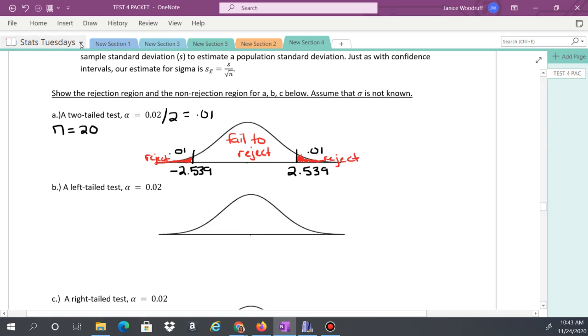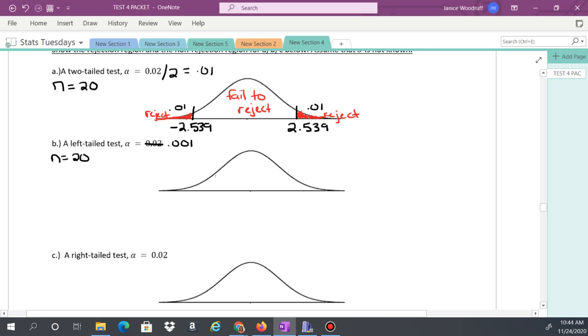Okay, for B, let's go ahead and do a left tail test. I'm going to change these a little bit. I'm going to do a significance level of 0.001 and a sample size, again, of 20. Okay, so this is a left tail test, which means in the left of the tail, I'm going to have a 0.001.